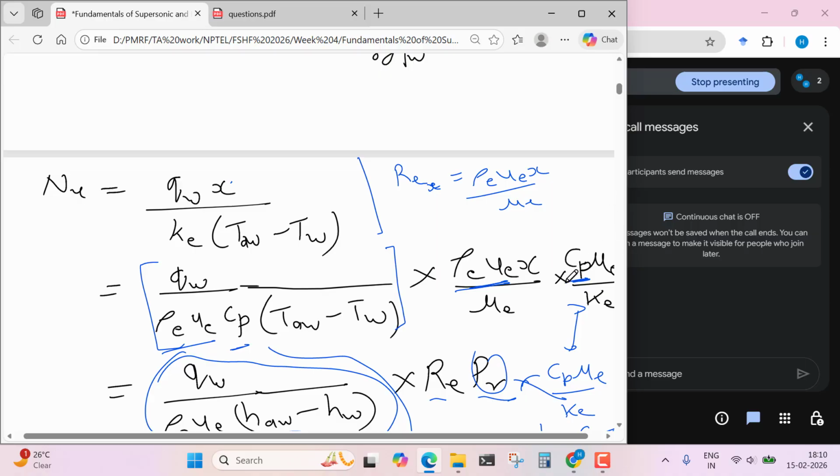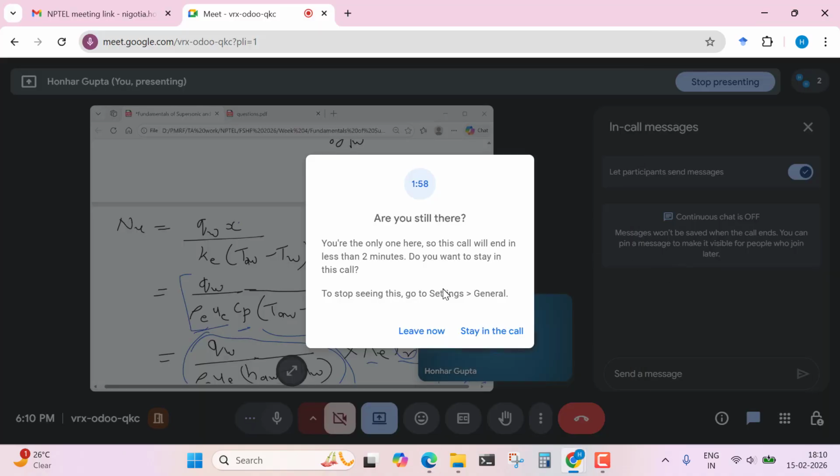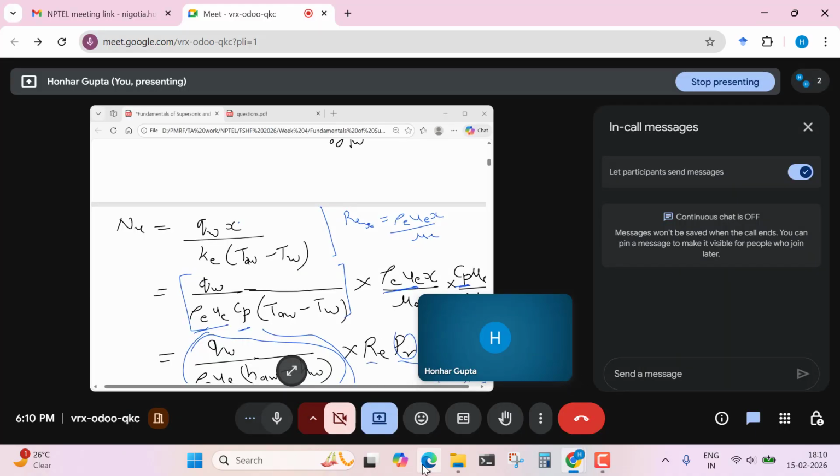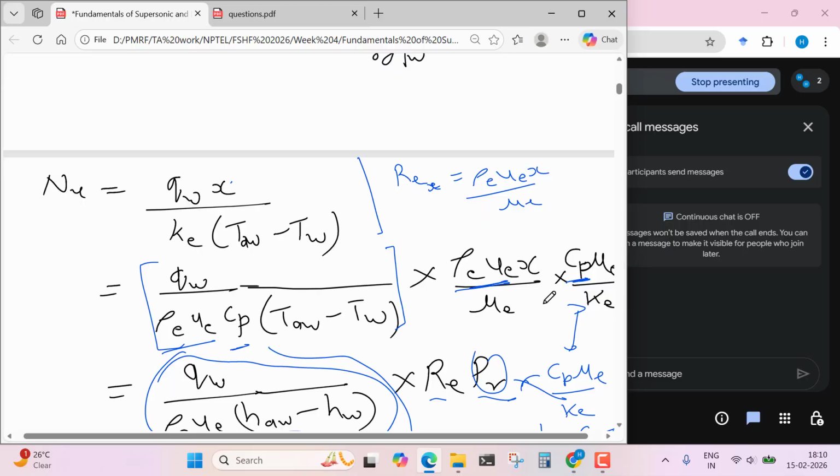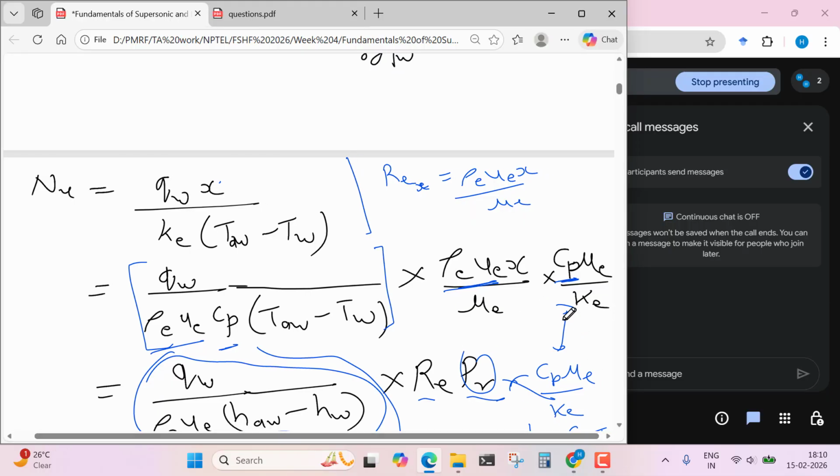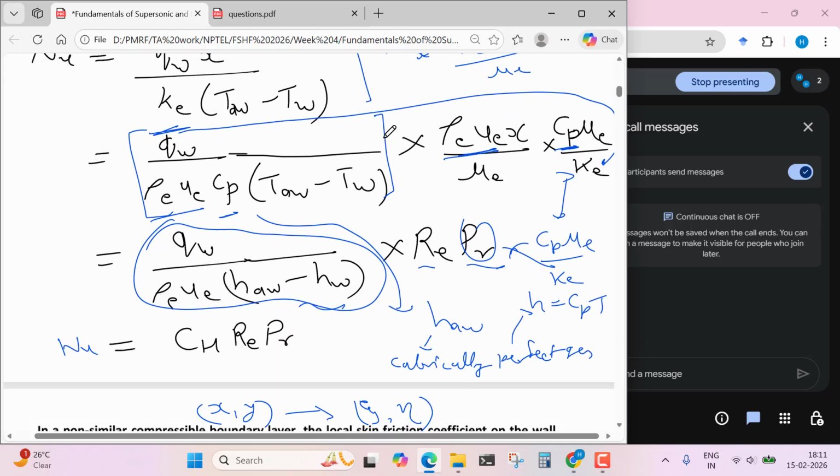So this last term we will get is Cp mu e upon Ke, and we know that Prandtl number is given by Cp mu e upon Ke, mu Cp upon K, you might remember.